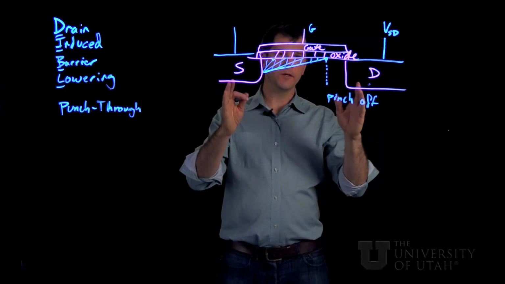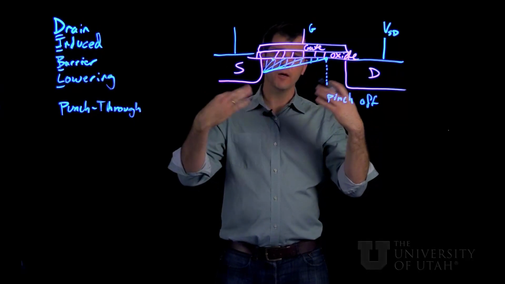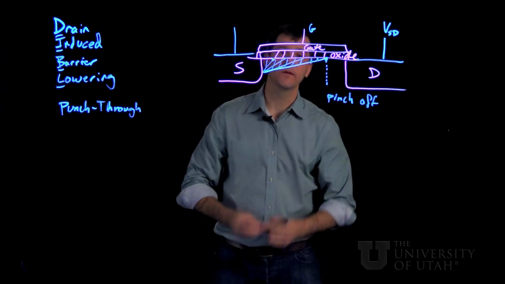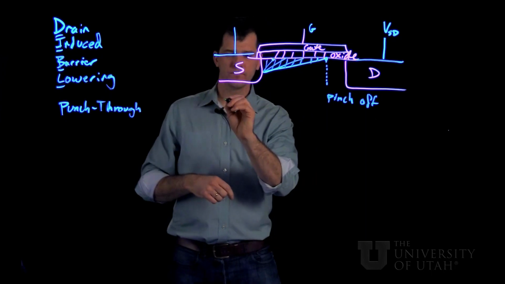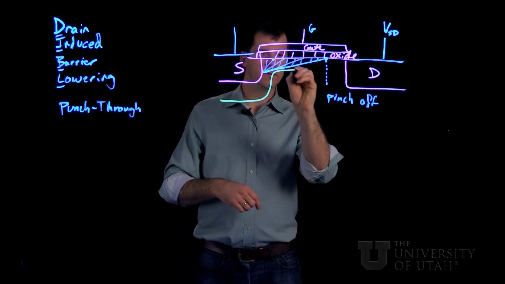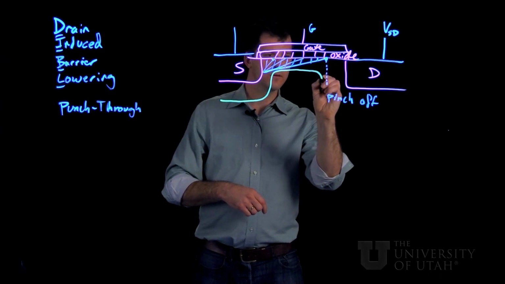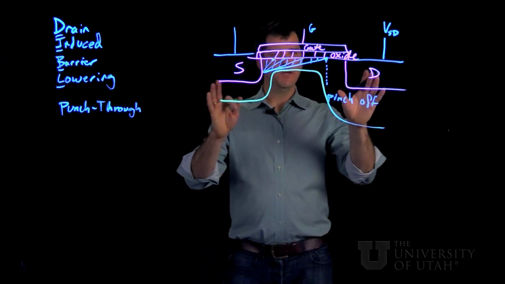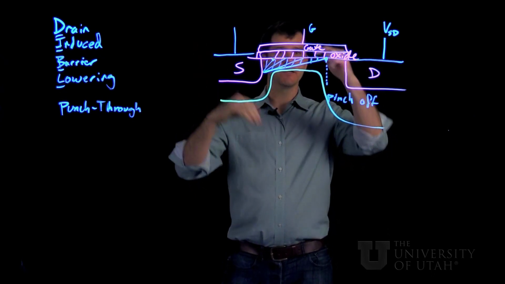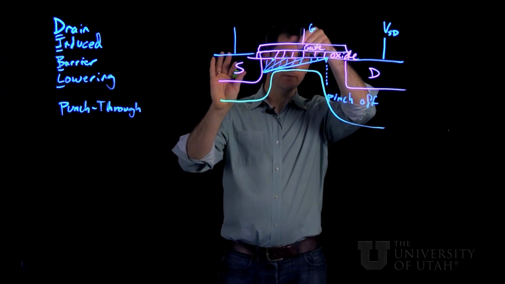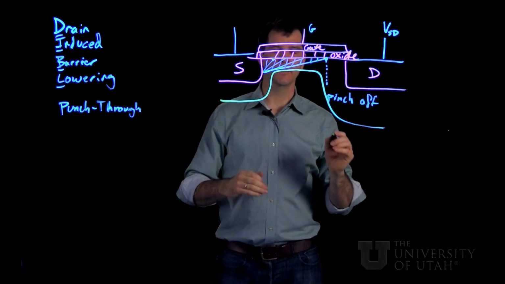What we also have to look at are the contours of constant electric field, of constant electric voltage. And then we can translate those into the actual band diagram in a moment. So what we have to imagine is the superposition of the voltage coming from the gate, the vertical one, and the lateral one coming from the sides.